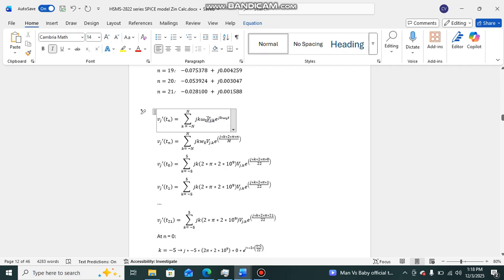Before, it was just VJK e to the jk omega naught t, and if you take the derivative with respect to time, we just take the jk omega naught and bring it out here, and that is the derivative.